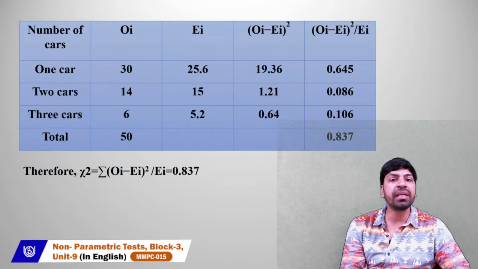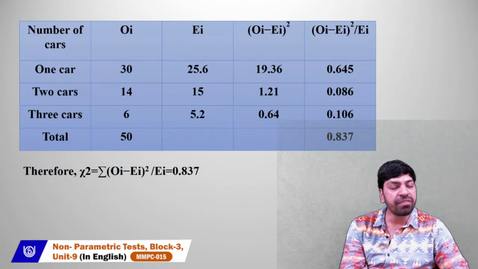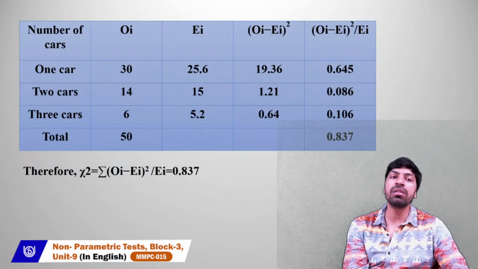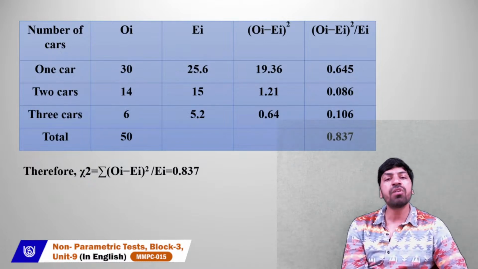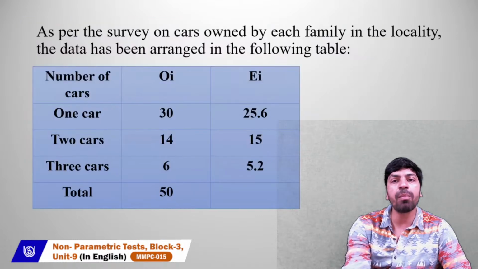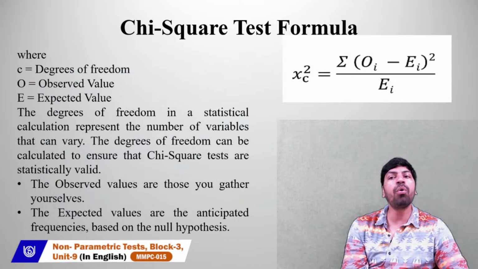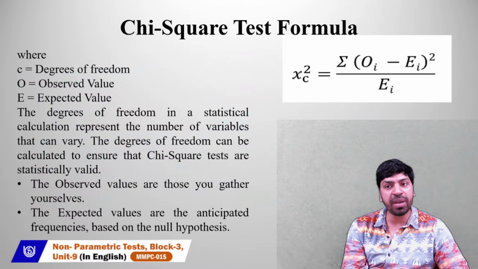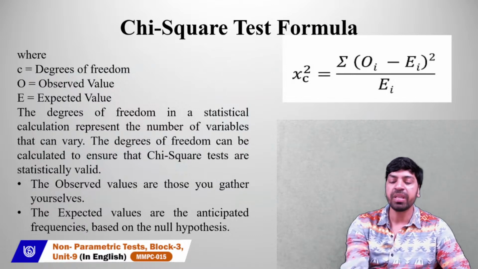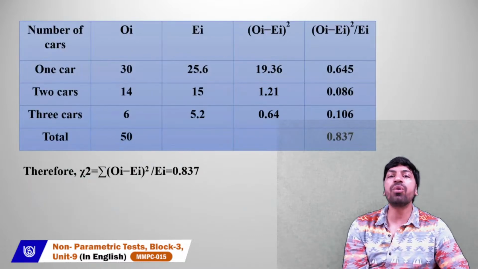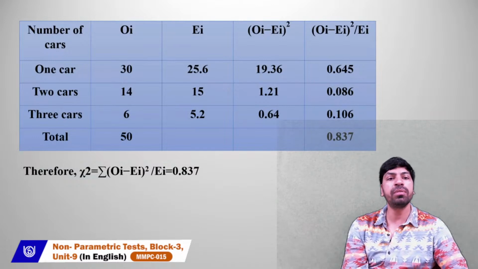So we have an observed frequency, we have an expected frequency, and we also have the number of cars. As per the formula, we need sigma (O minus E) whole square by E. So when we come to the solution, we need (O minus E) whole square.